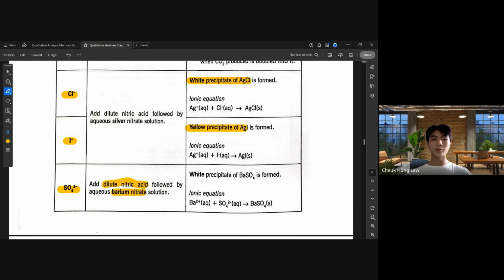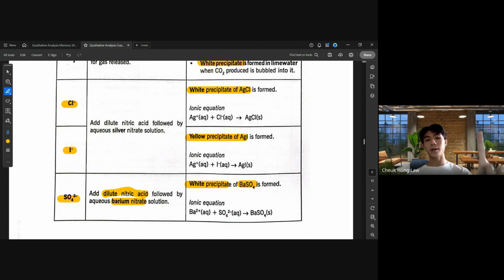So you add barium nitrate to a sulfate ion to form barium sulfate, which is actually a white precipitate as well. So if you observe a white precipitate after adding dilute nitric acid and barium nitrate solution, that means sulfate ions are present. Okay, so for chloride, iodide, and sulfate ions, we look out for the precipitate.